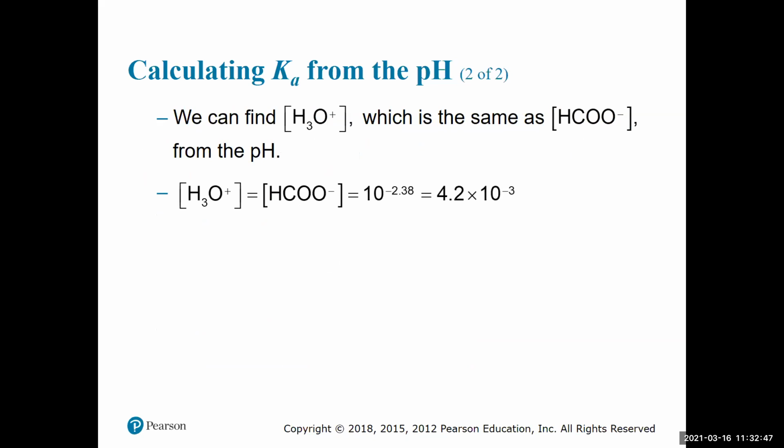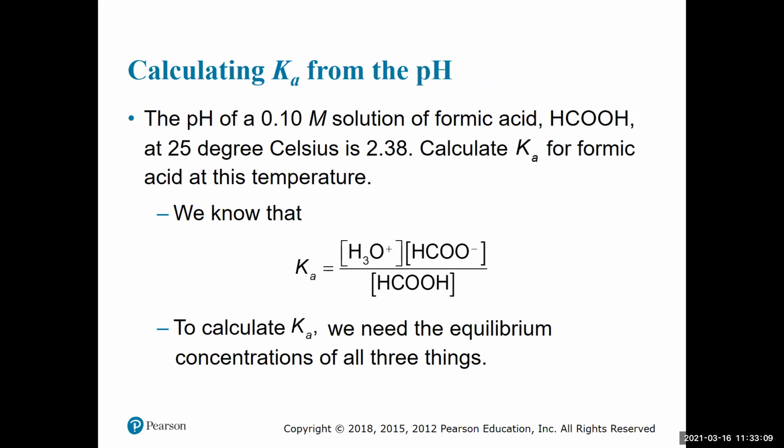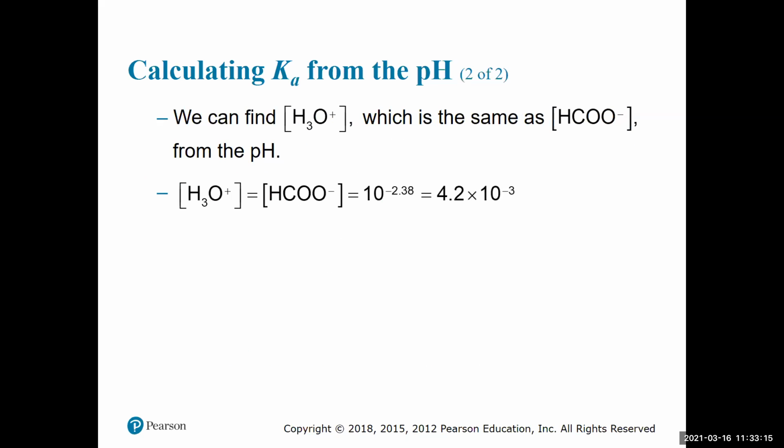So in this case, it's 10 to the minus 2.38. That value is 4.2 times 10 to the minus 3. We know that hydrogen ion concentration and formate ion concentration are equal. So boom, we've got two constant equilibrium concentrations there. All we need to do now is figure out what this equilibrium concentration is on the bottom for the formic acid, and then we can solve for Ka.